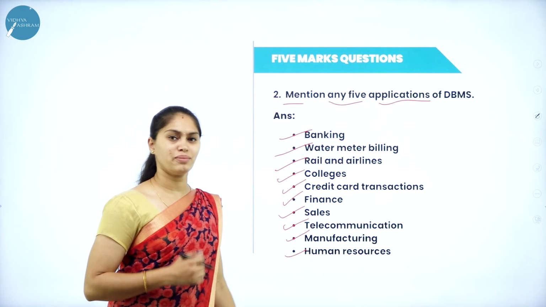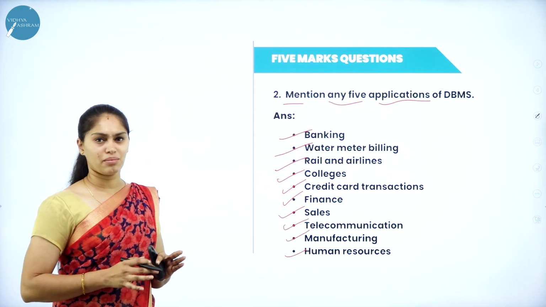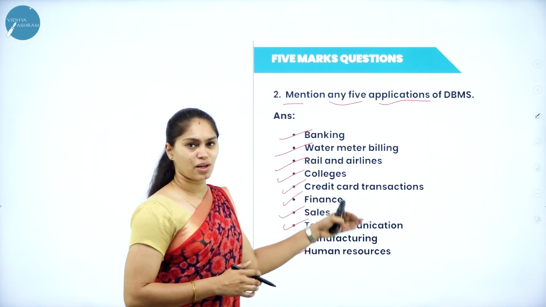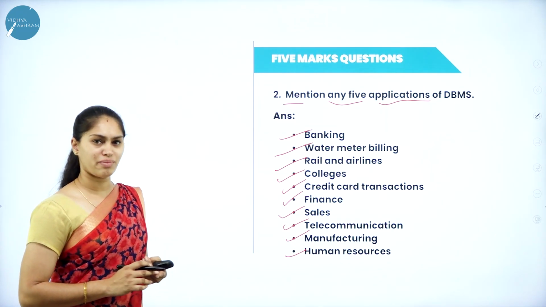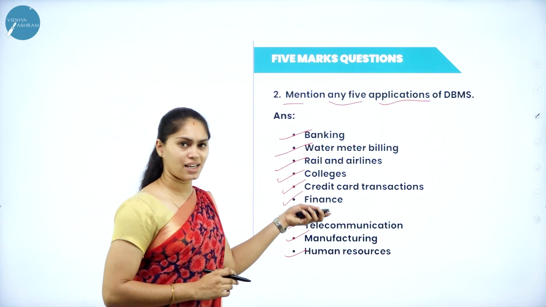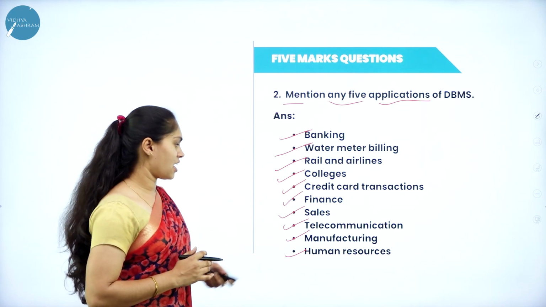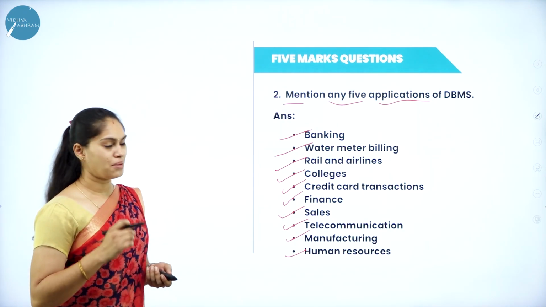The question can also be like this: explain any 5 applications of database. So you must be able to write the description for all these applications, in the sectors of banking, water meter billing, rail and airlines, colleges, credit card transaction, finance, sales, telecommunication, human resources, and also manufacturing.